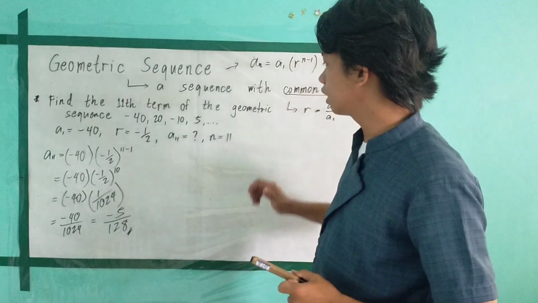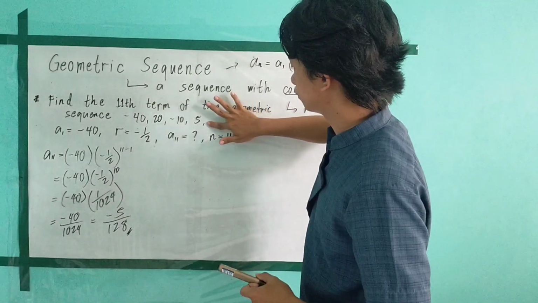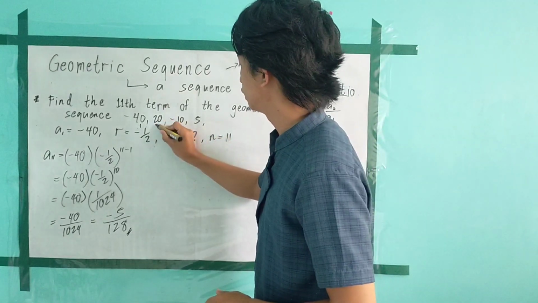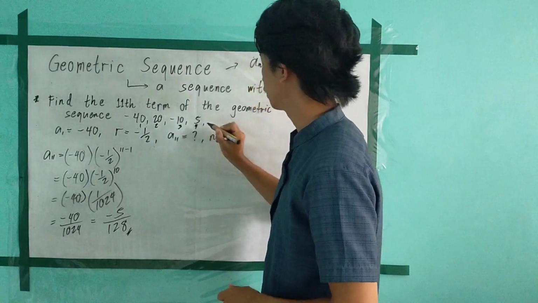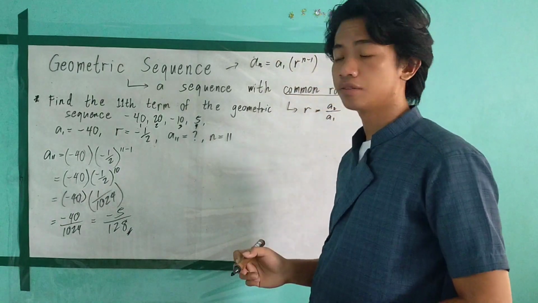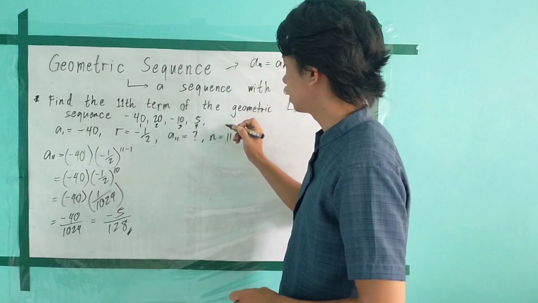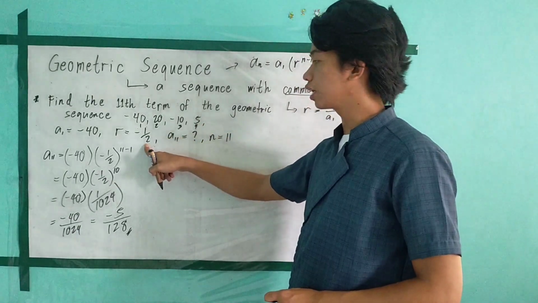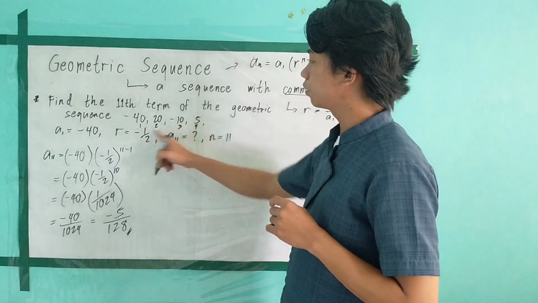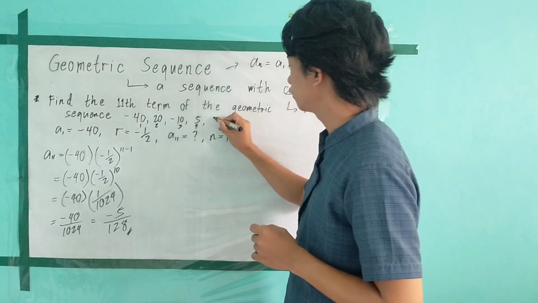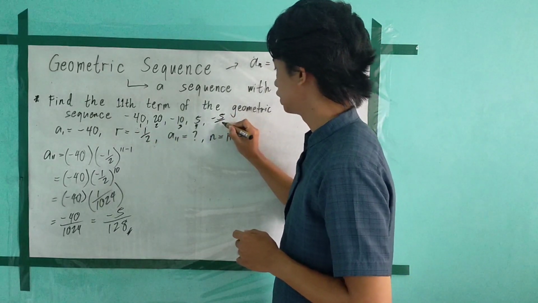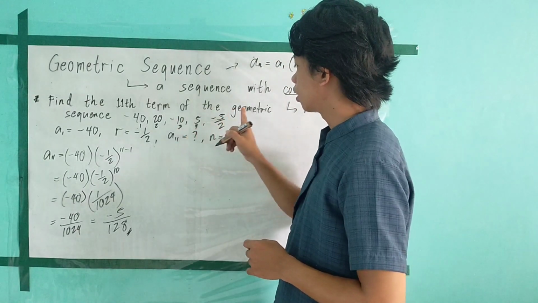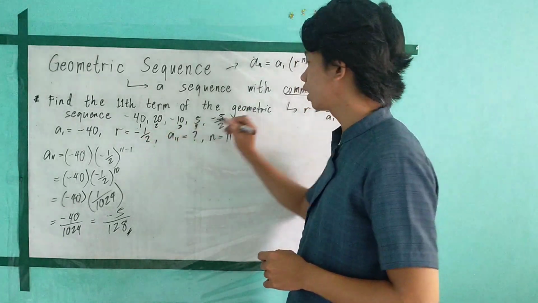So, try din natin siyang imano-mano. Okay, so A sub 1, 1, 2, 3, 4. Next, A sub 5. A sub 5 natin, we have 5 multiplied to the common ratio. We have 5 multiplied by negative 1, we have negative 5 over 2. Next tayo, negative 5 over 2 multiplied by negative 1 half.